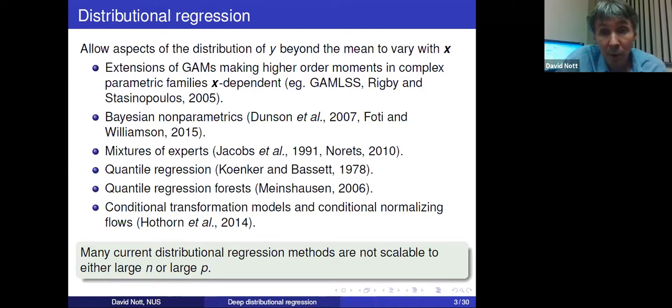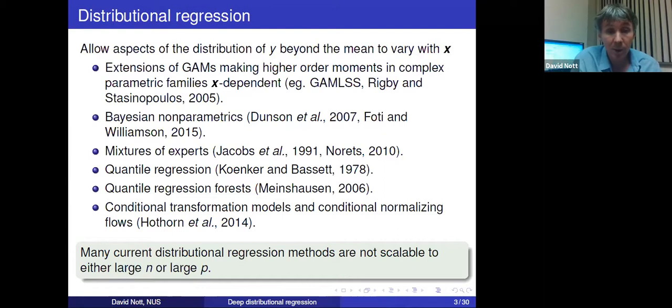There are mixtures of regression models of various kinds. There are many nice methods in the Bayesian non-parametric literature. There are finite mixtures of regression models like mixtures of experts, quantile regression and Bayesian variants of that, quantile regression forests, and conditional transformation models and normalizing flows.